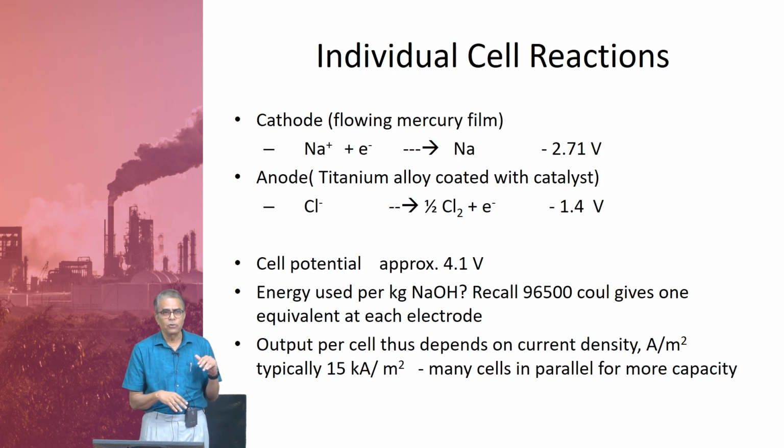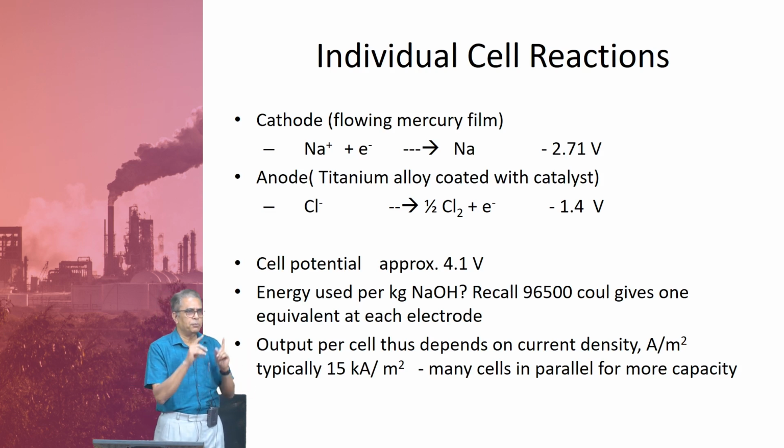Now, all this is starting from where the need is: I have to think of a process compared to the mercury cell in order to have a benefit for the customer. So, if you go back to that logic and convert this 4.12 volts into energy consumption, second, make use of Faraday's laws of electrolysis, where 1 Faraday is 96,500 coulombs, which I have taken here. When 1 Faraday of electricity passes through a solution, theoretically 1 equivalent of material will get deposited.